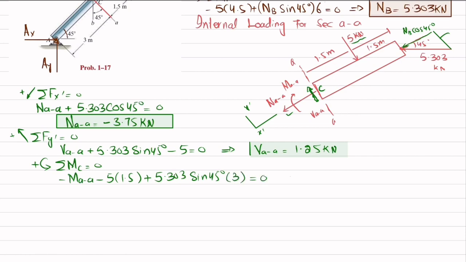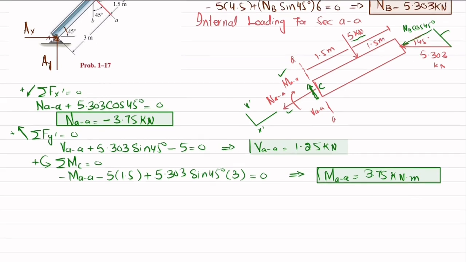Their sum must be equal to 0. When you solve this, the moment comes out to be 3.75 kilo Newton meter. Since this value is positive, it means that our assumed clockwise direction of the moment is correct. So this is the internal loading for section AA.